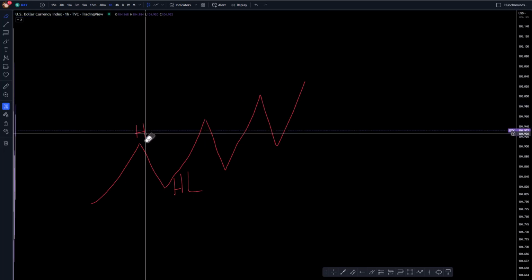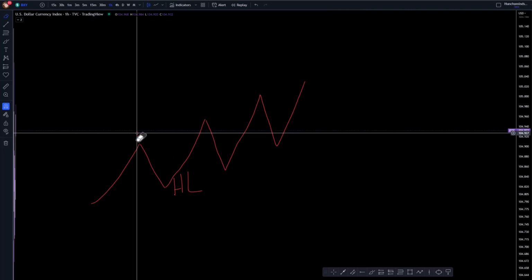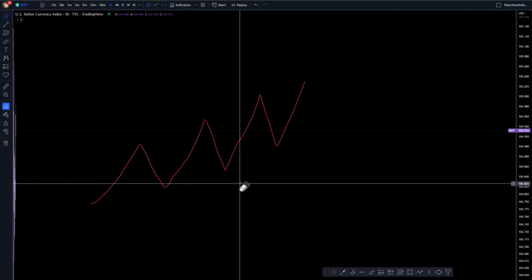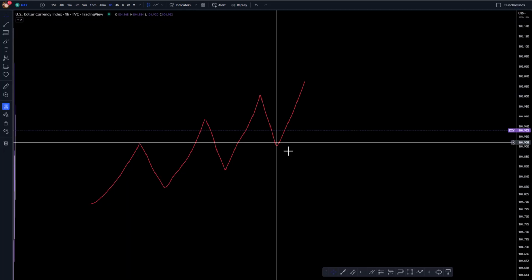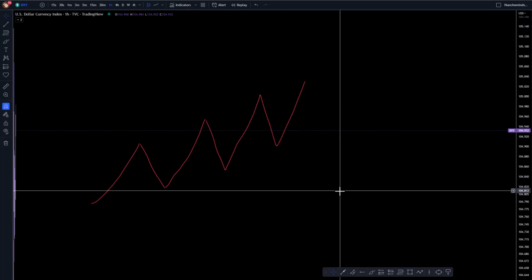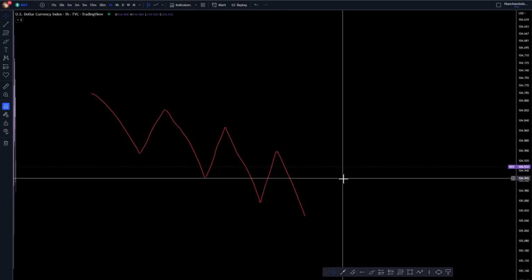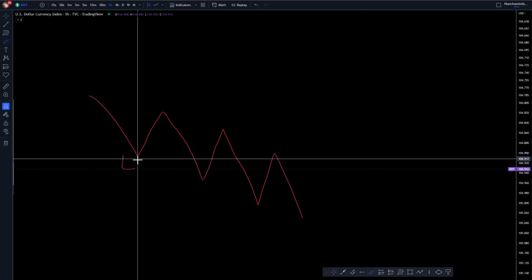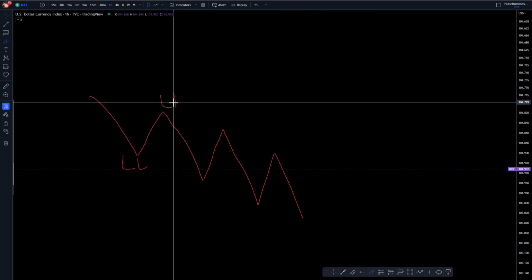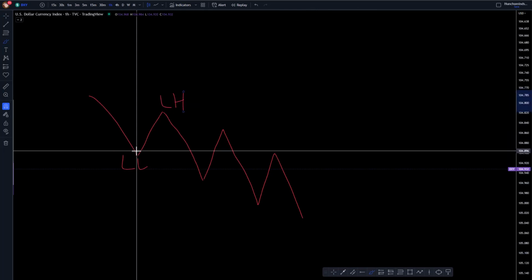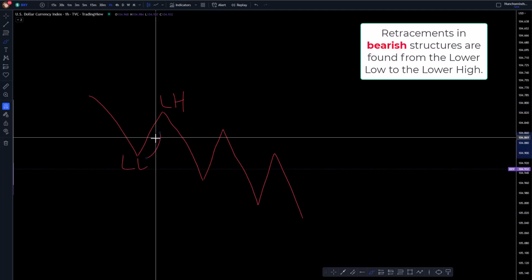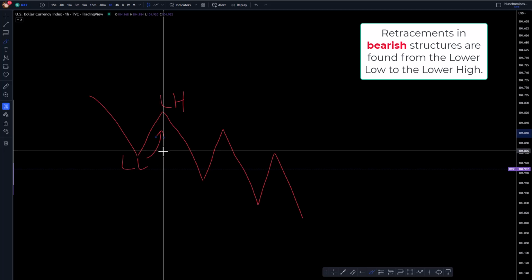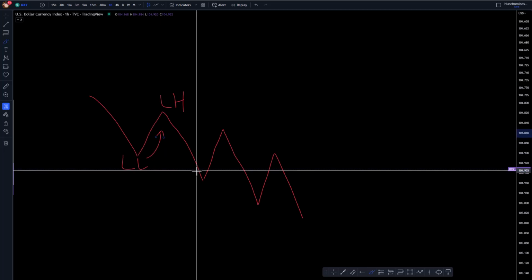Let me delete all of this, and we're going to reverse the chart. Now when we're bearish, we have a series of lower lows and lower highs. From the lower low to the lower high is what we call the retracement of the bearish trend.